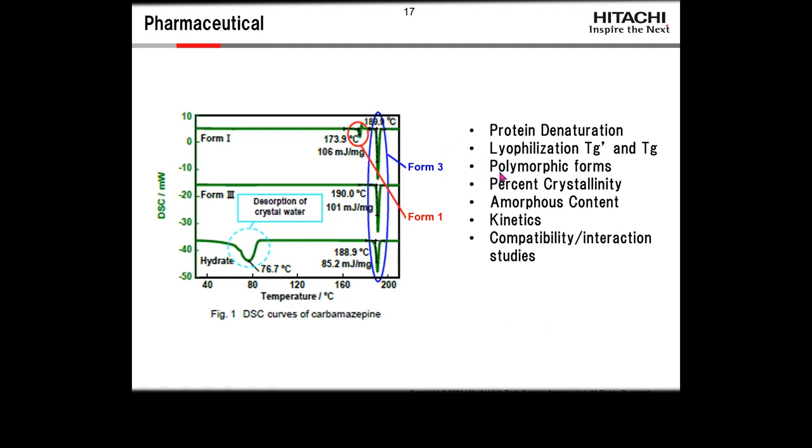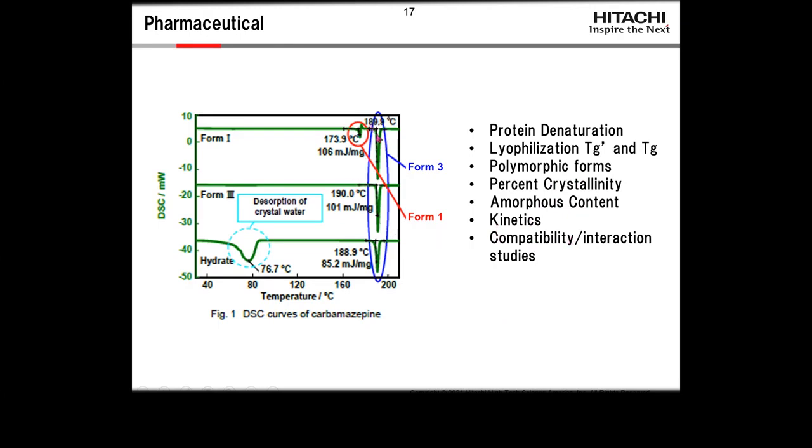So if your drug doesn't have the right polymorphic form, it may not work right, or it may work too well. And the only ways you can detect polymorphic forms are DSC and X-ray crystallography. We can look at percent crystallinity or amorphous content.